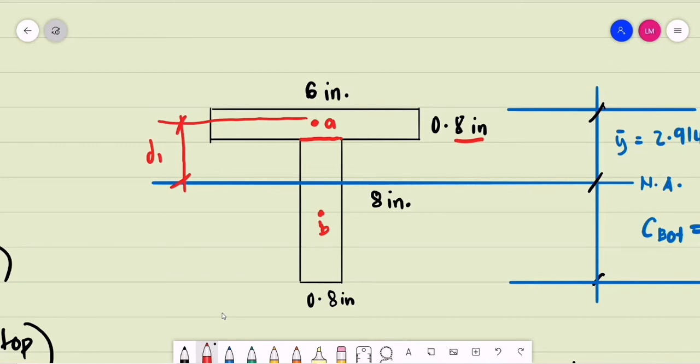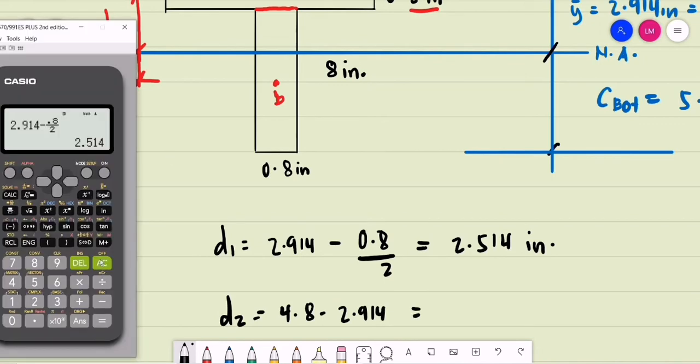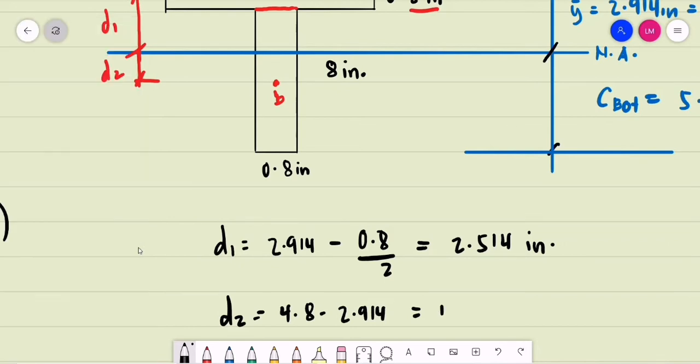So all we have to do is determine this distance. Let's say that is d sub 2. So d sub 2 is equal to 4.8 minus 2.914, and that is 1.886 inches.